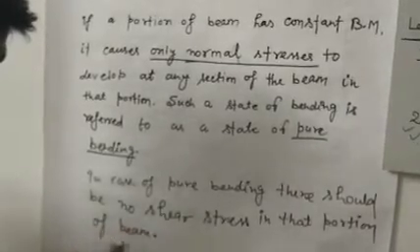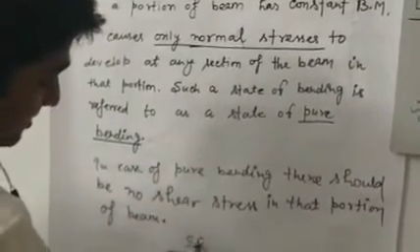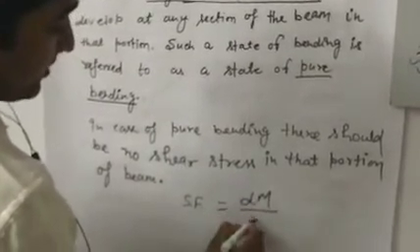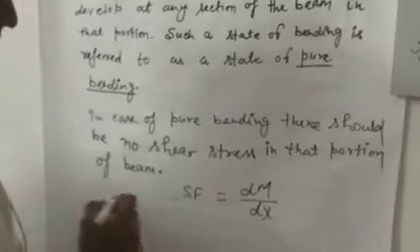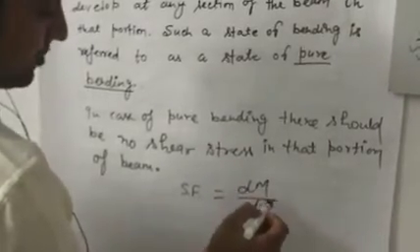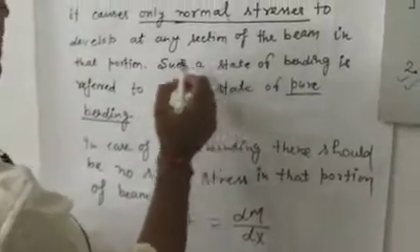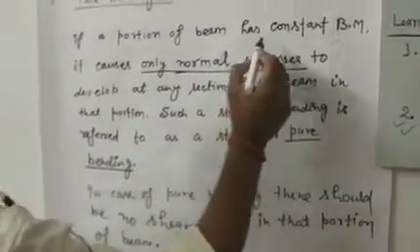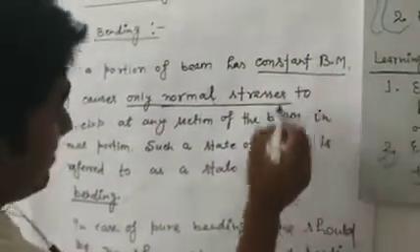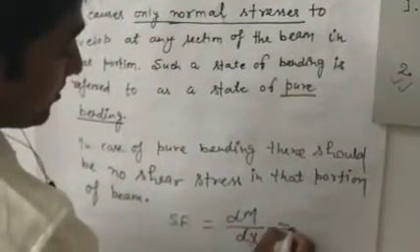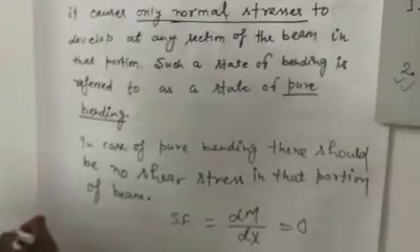Why? We know that shear force is equal to the change in moment, dM by dx. Bending moment is constant, right? You already have said it. There is constant bending moment. That means dM will be 0, so this expression will be 0.